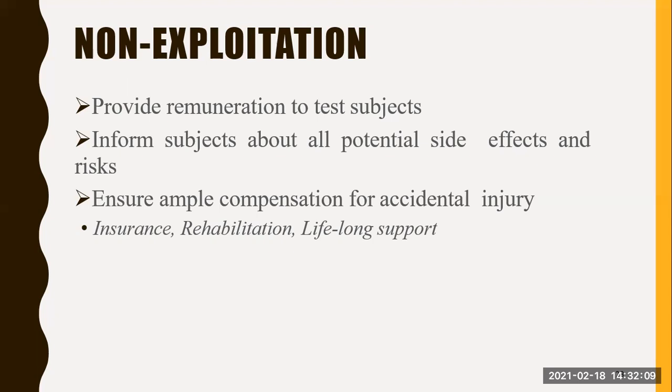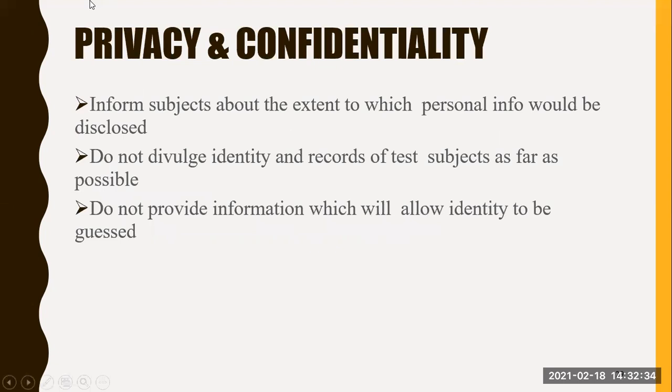If the disease is like diabetes mellitus, which is a chronic disease, and the patient participated in a clinical trial which tests an oral hypoglycemic agent, then the patient should get that medication even after the clinical trial gets over. Next is privacy and confidentiality. Inform subjects about the extent to which personal information would be disclosed. Do not divulge identity and records of test subjects as far as possible.